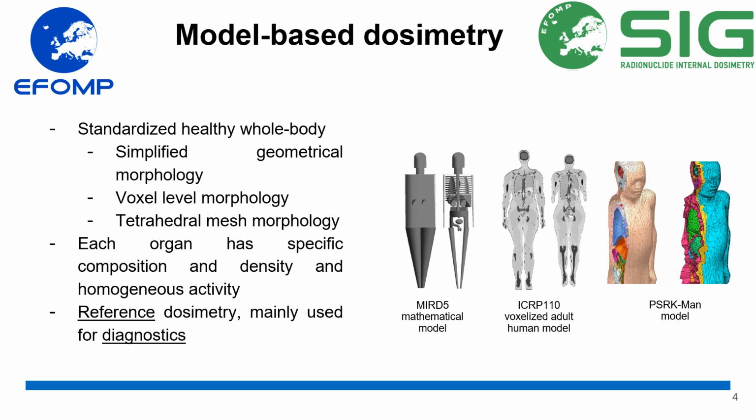Whatever the type of model, a common characteristic is that each organ has a specific composition and density, and a homogeneous radionuclide activity can be assigned to it. Model-based dosimetry is often used as a reference dosimetry for diagnostics.